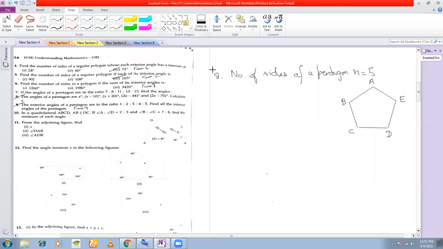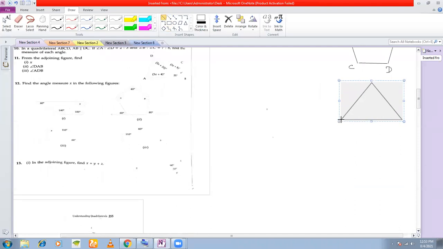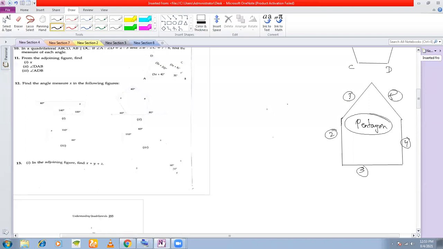Yes, this is a pentagon because it has 5 sides: 1, 2, 3, 4, 5.